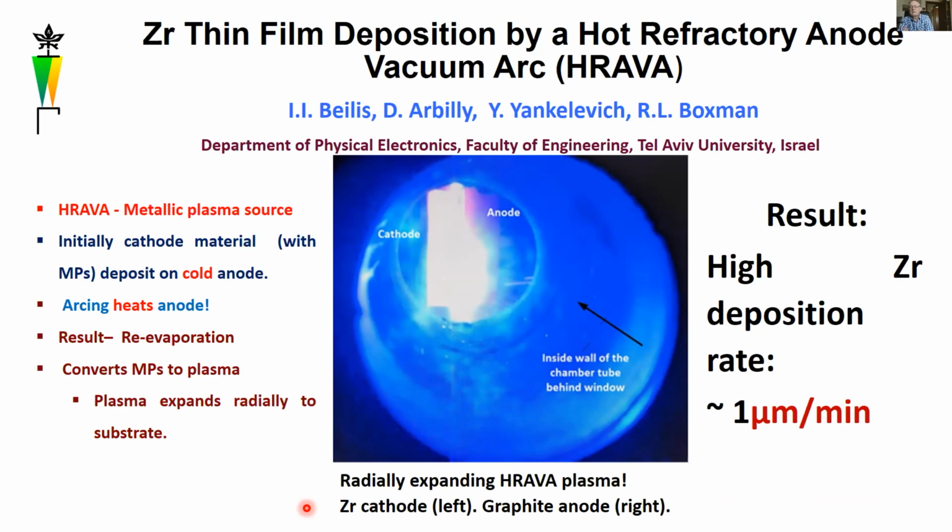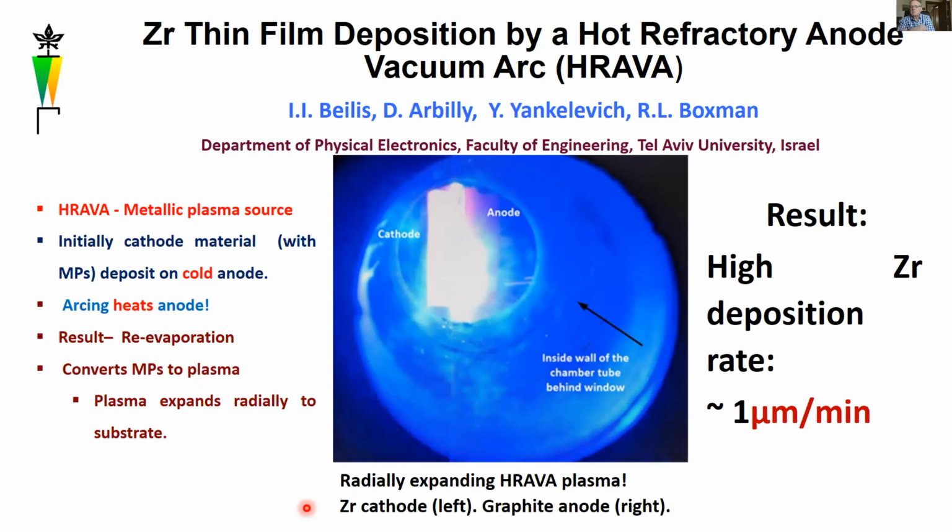In this plasma source, the plasma jet deposited on the cold anode in the initial stage, together with macroparticles, but this time the hot anode re-evaporated the material, and the macroparticles were directly converted to plasma.